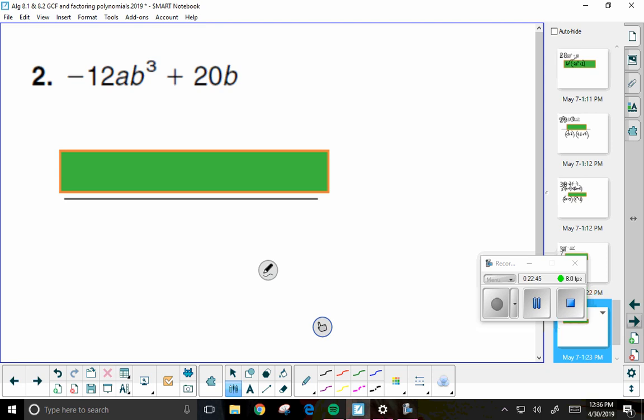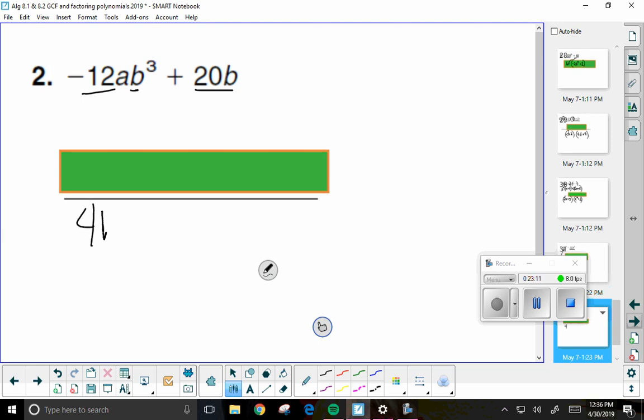All right, and then last example. Oh, no, not quite the last example. Next to last. Last but not least. 12ab cubed plus 20b. So the only variable I see is a b in both of these. So negative 12 and 20, the greatest common factor is going to be 4.